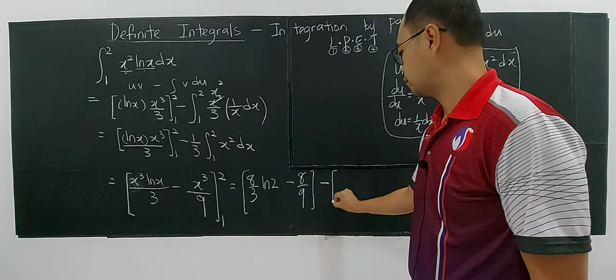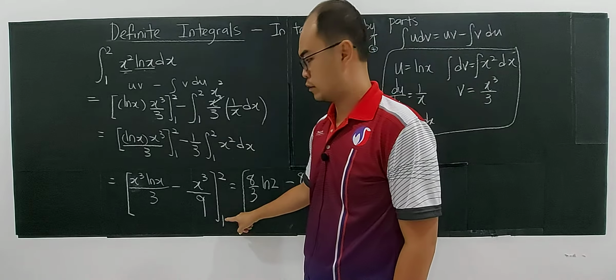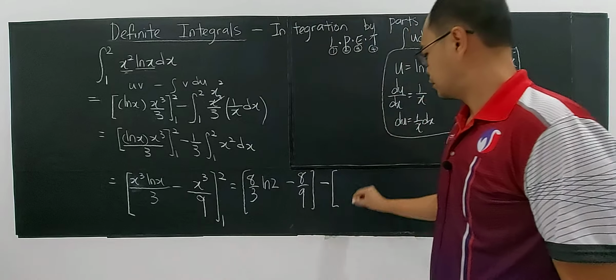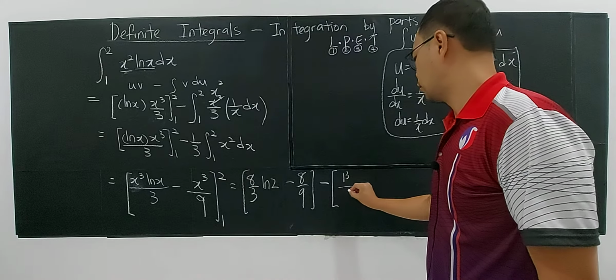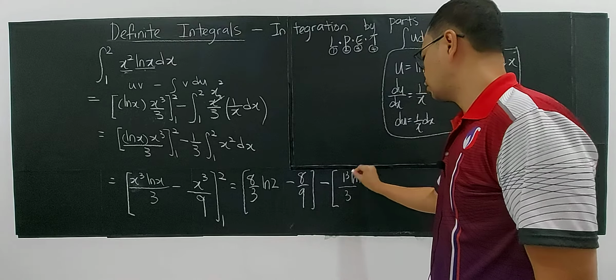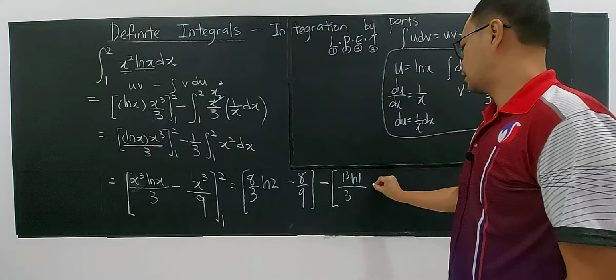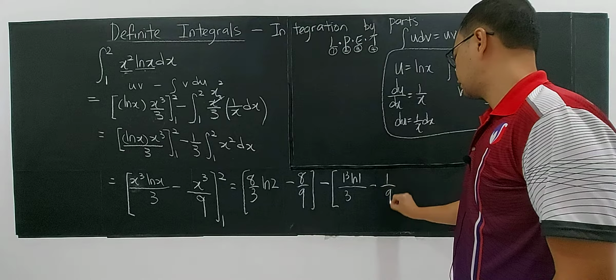Now minus the value at 1: 1 cubed over 3 times ln 1. As you know, ln 1 is 0, minus 1 over 9.